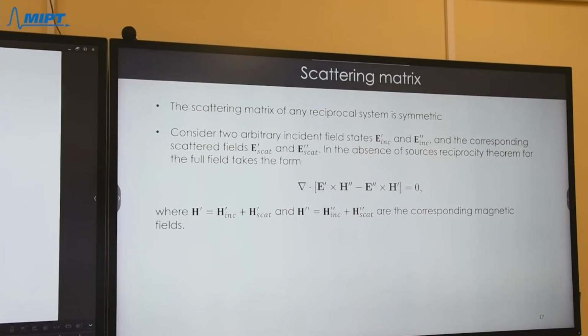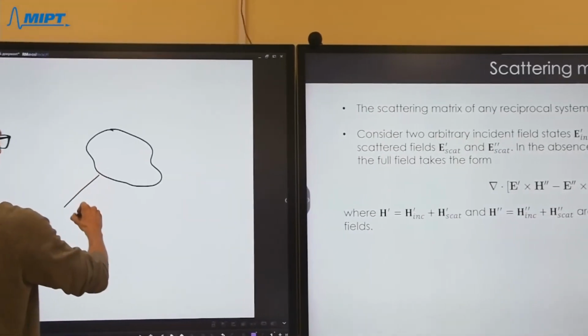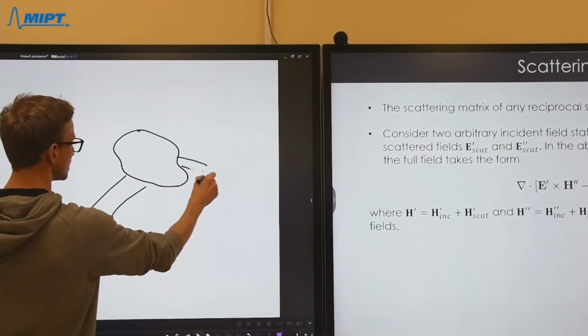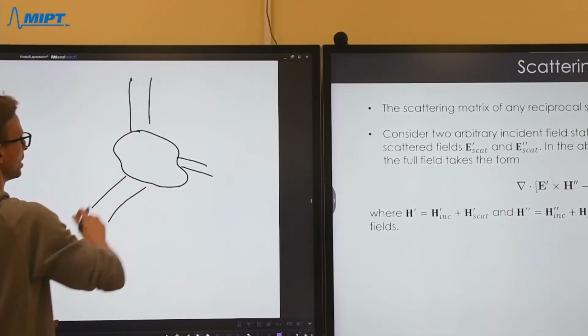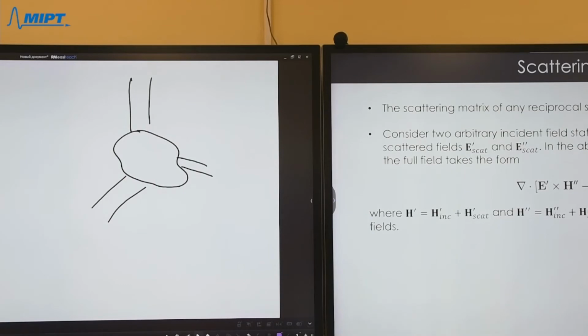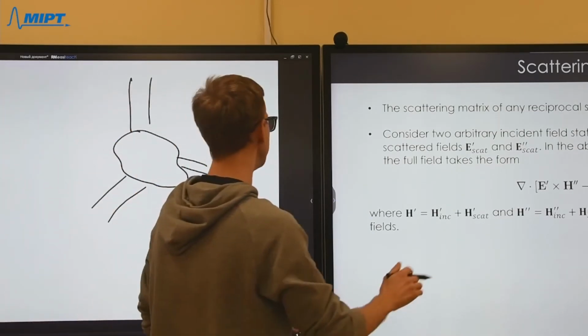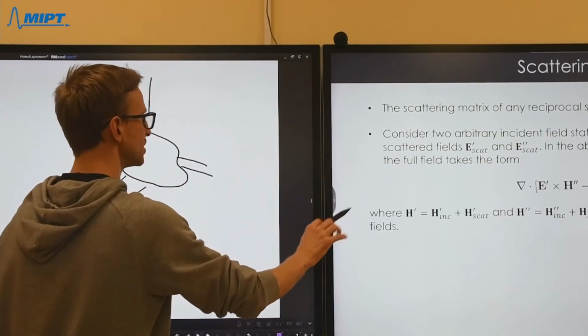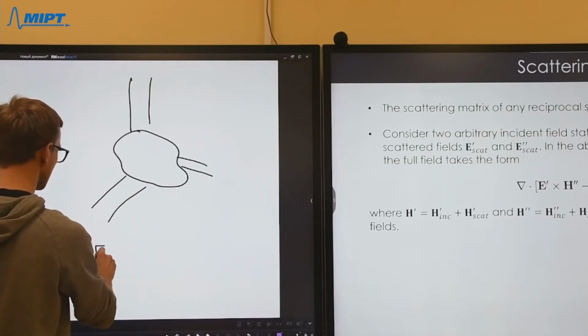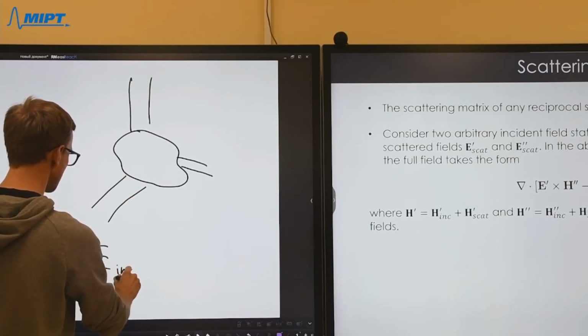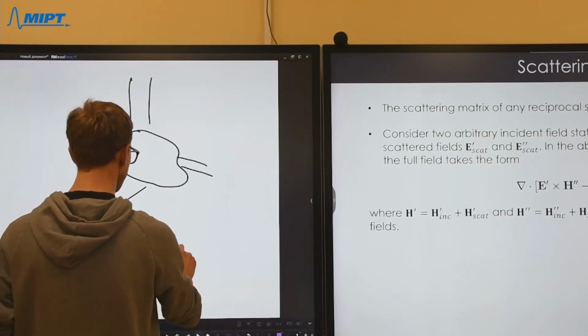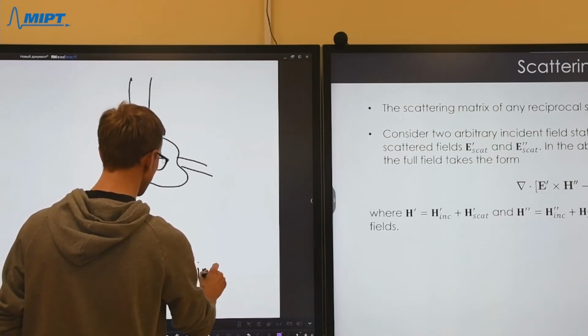So let's consider an arbitrary scatterer connected again to a number of scattering ports. 1, 2, 3, m, doesn't matter. And let's consider arbitrary incident fields, two different states of incident fields, E incident prime and E incident double prime.